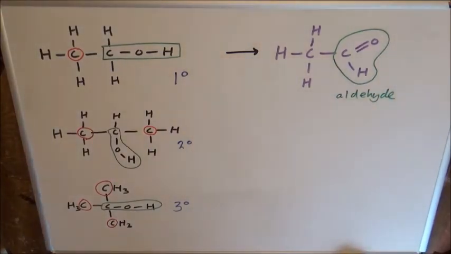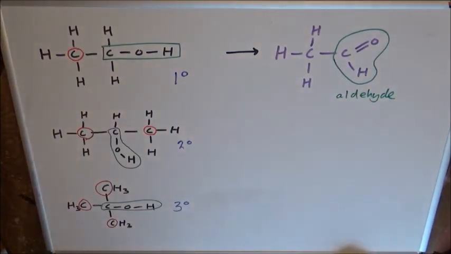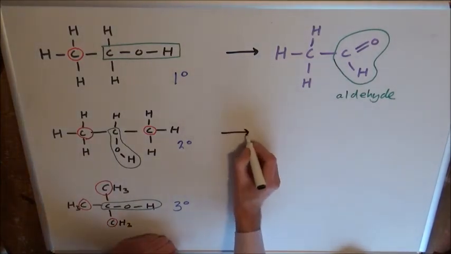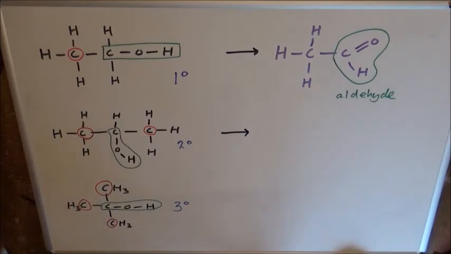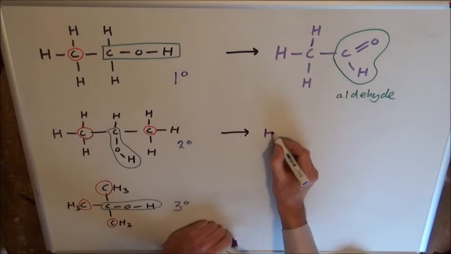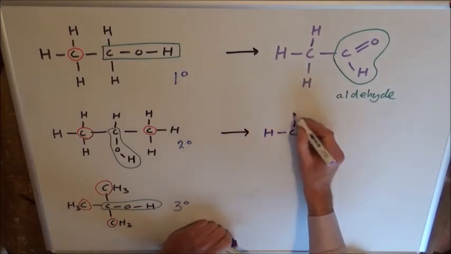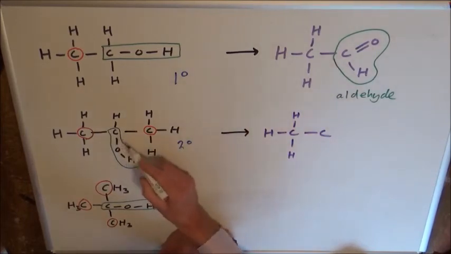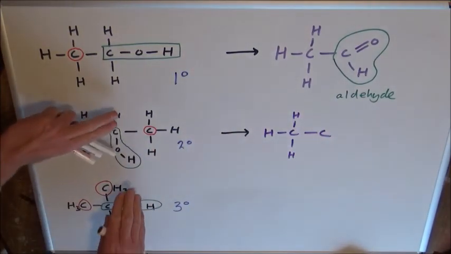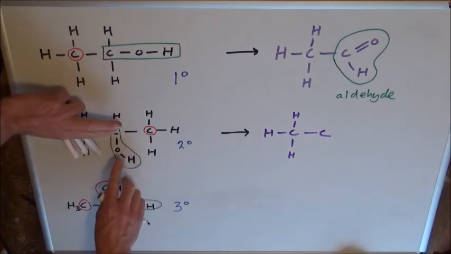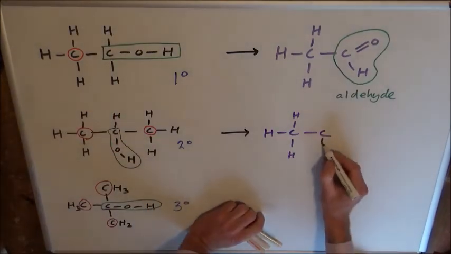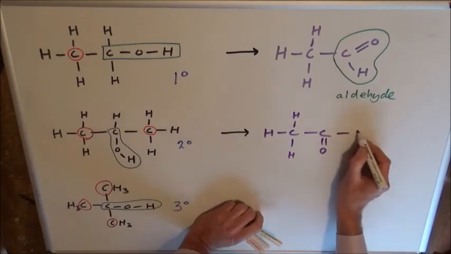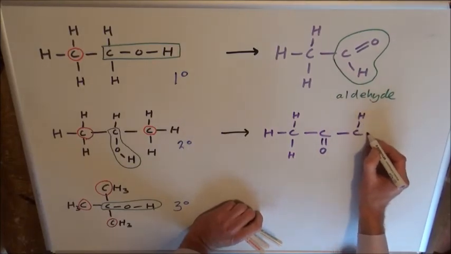We bring about the same oxidation with a secondary alcohol. This time we generate a ketone. So here is the carbon of the alcohol group. We're going to lose this hydrogen and this hydrogen. So the double bond to the oxygen comes down here and then onto the other carbon.